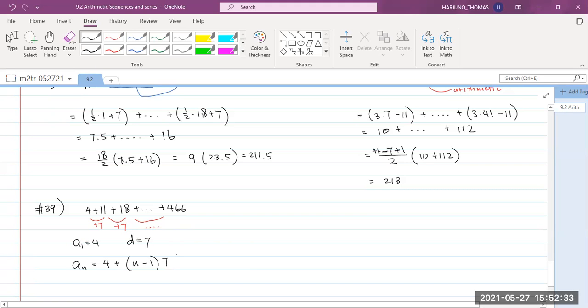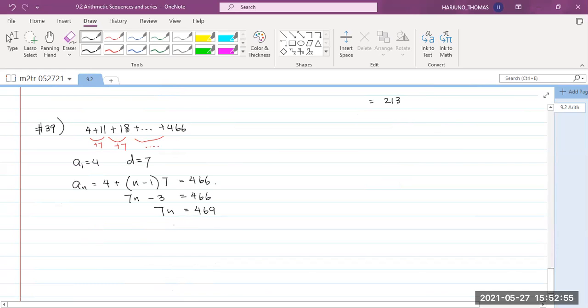Now that is equal to 466. Okay, when I simplify the left-hand side, 7n minus 3 equals 466. 7n is 469. So n is equal to 67. There are 67 terms there.